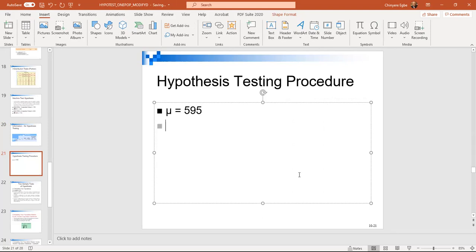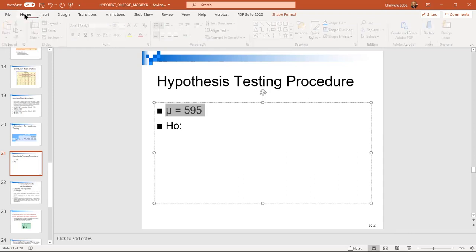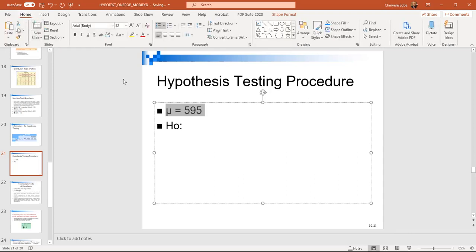So our null hypothesis H naught will be that mu is equal to 595. The alternate hypothesis will be that mu is greater than 595.